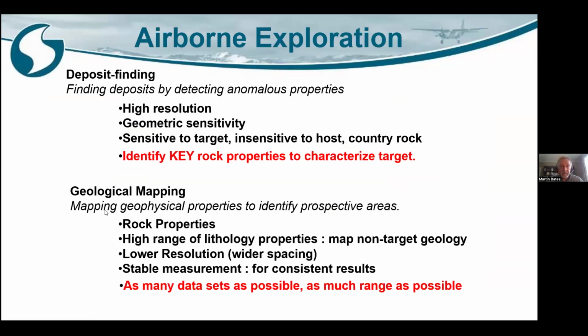So if we're going to find deposits, we need to have high resolution data. We need to consider the geometric sensitivity of the body, which direction we're going to fly, what we expect to see. Is our methodology sensitive to the target? Is it dense? Is it magnetic? What's the host rock? If it's dense, but it's in the same density host rock, it's not going to help. They're going to be the same.